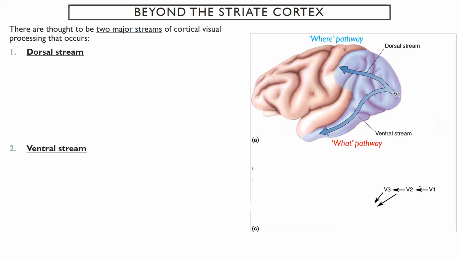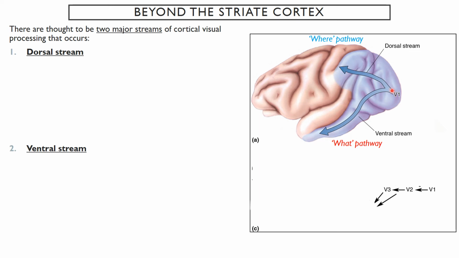When we get beyond the primary visual cortex, or striate cortex, we start to see the emergence of two major streams of cortical visual processing. We break this down into the dorsal stream and the ventral stream. The dorsal stream is the dorsal portions of the visual cortex, and it goes dorsal in the brain, towards the top.